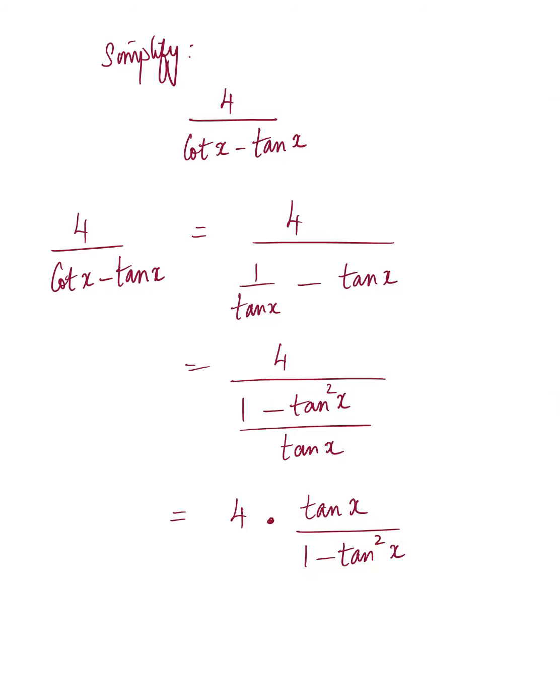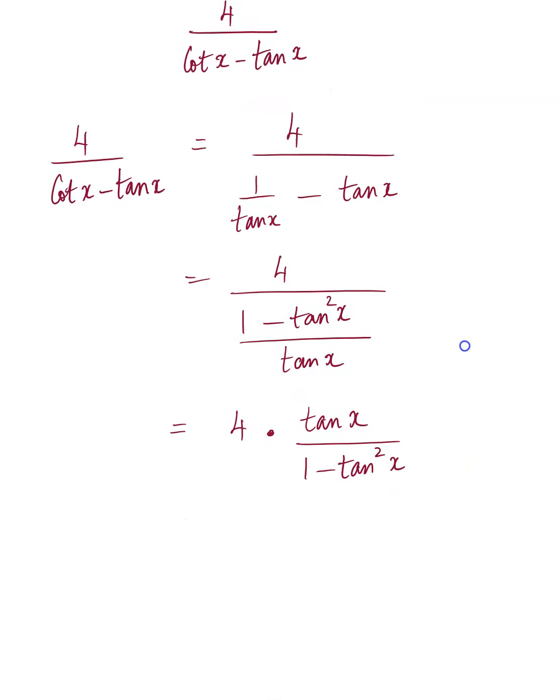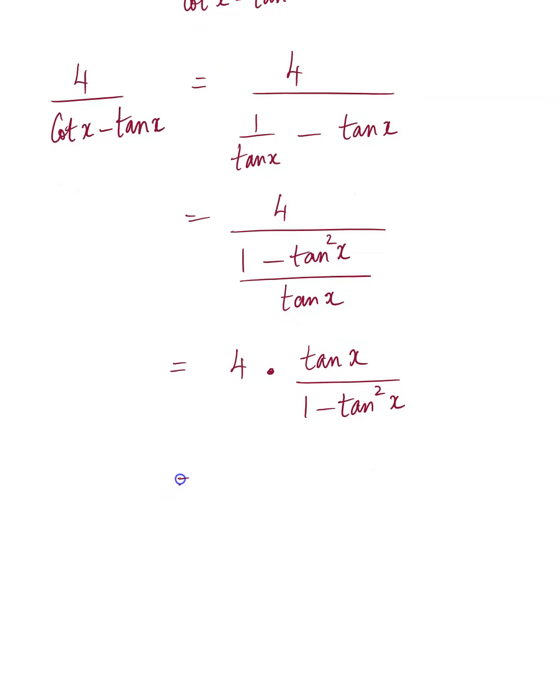Now if you go back to the tan formula, you will see that tan 2 theta is 2 tan theta over 1 minus tan squared theta. But we do not have the 2 here, so we're going to borrow the 2 from this 4. So I'm going to split up this 4 as 2 times 2 and attach the other 2 that we need to the tan x.